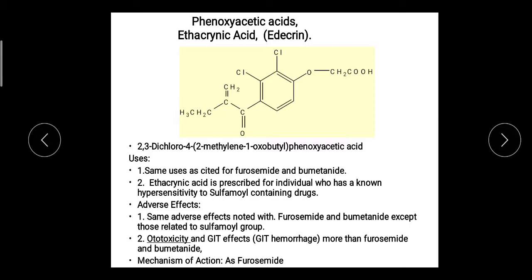Uses: it has the same uses as cited for furosemide and bumetanide, that is in treatment of edema and hypertension.